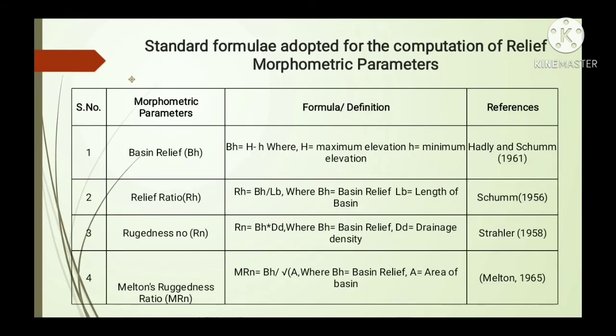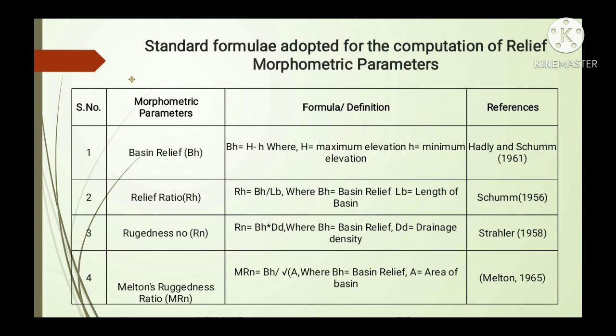Basin relief is the difference between the highest and lowest elevation points of the basin. This relief parameter influences the flood pattern, controls the channel slope, and also the quantum of sediment that can be released at the drainage outlet. According to Schumm in 1956, relief ratio is the ratio of the maximum relief to the greatest straight line distance parallel to the principal or highest ordered stream.